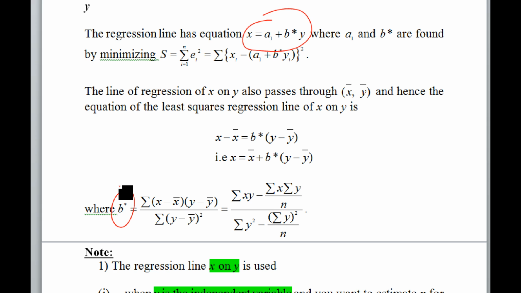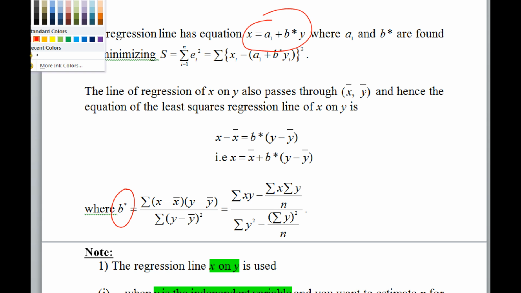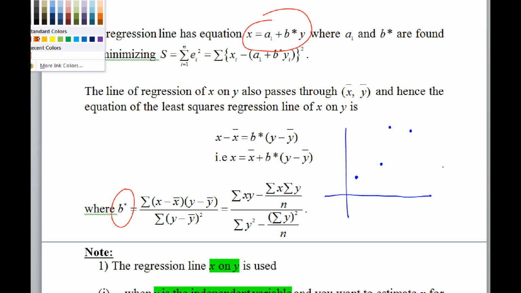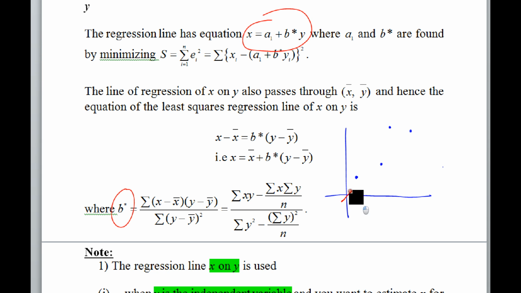Okay, let me do a quick sketch and show you what I mean. I'm trying my best to draw nicely, so pardon me, it will take a bit of time. It's a challenge. 1, 2, 3, 4. Let's say we have 4 points. The idea is this. If you sketch y on x, you will get a particular line.